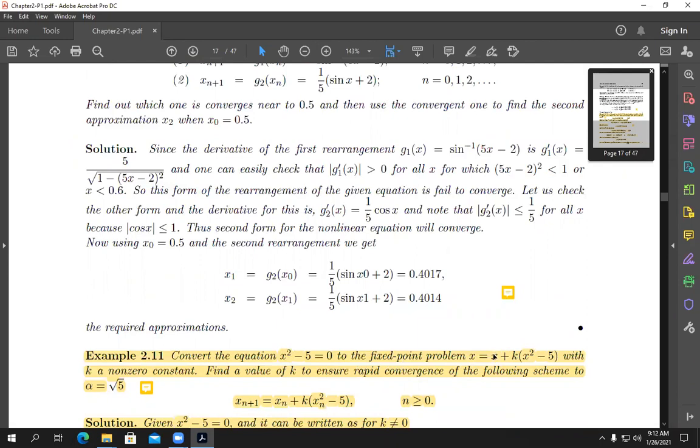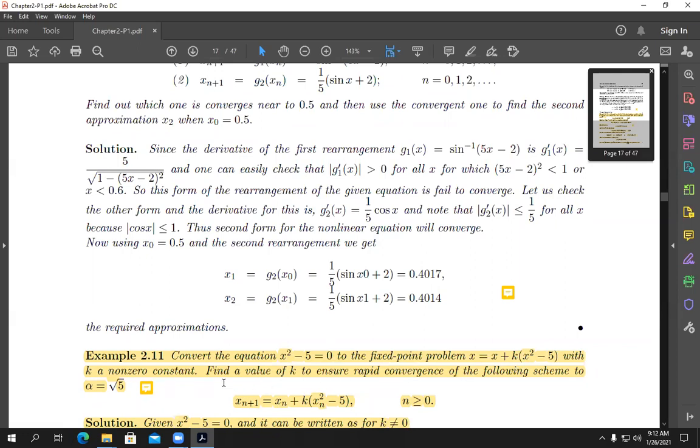What is this, please? g of x, with the condition k is a non-zero constant. This is the first part. That means you have to find g, and then when you have g, you can write the formula, because x n plus 1 always equals g of x n. This is the formula. He says develop the fixed point formula for this function. So that's the first part.